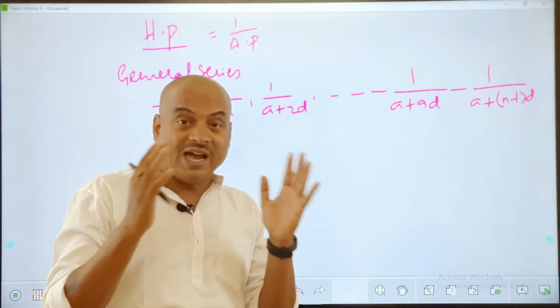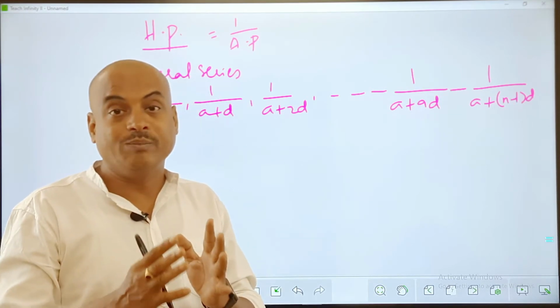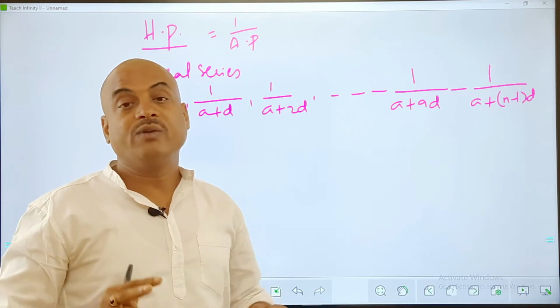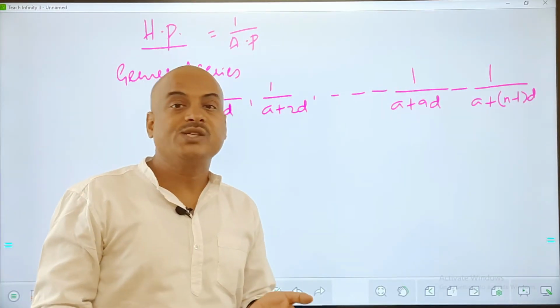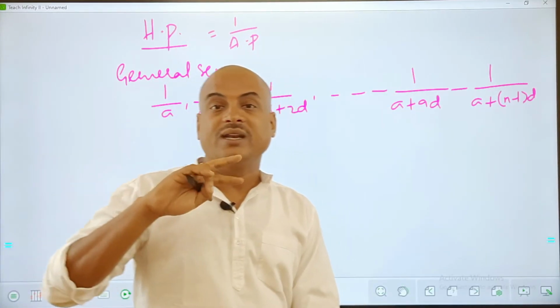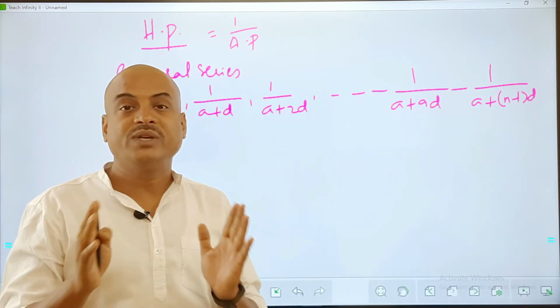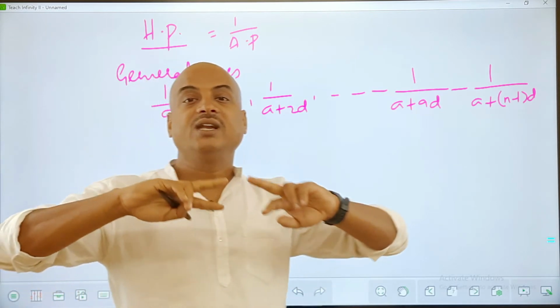And we'll solve the entire problem in AP, and finally in the answer we take the reciprocal again, which will form the HP. So whenever any question is given in HP, we have to take reciprocals, convert it to AP, solve the complete problem with AP methods, and take the reciprocal of the final answer again.